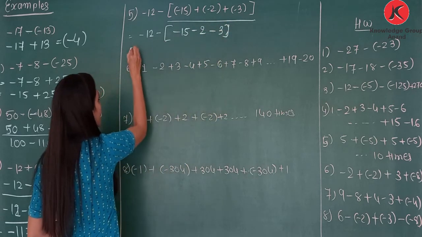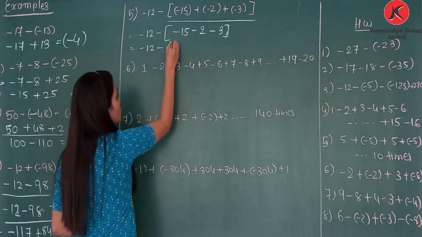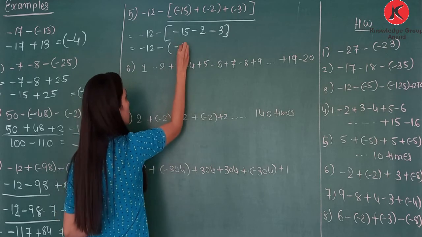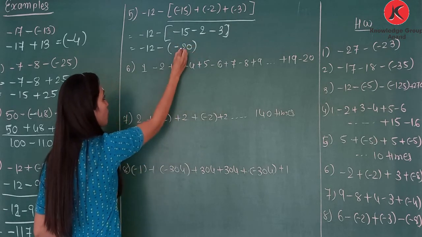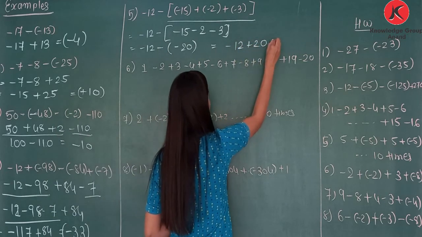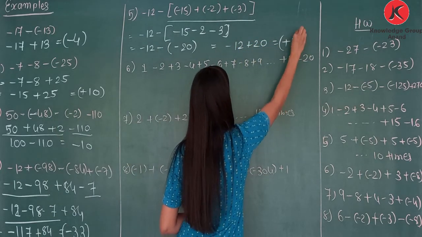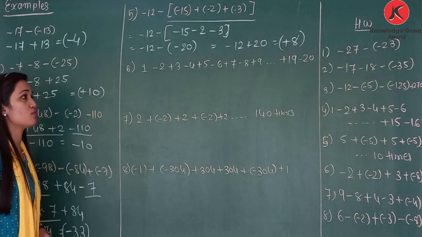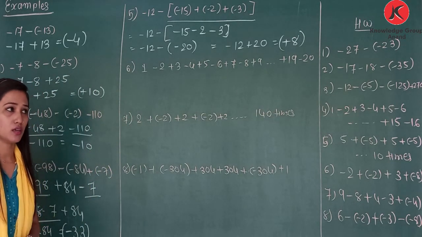So all are negative. So you can write 15 plus 2 plus 3, that is 20, but negative. Now minus 12 minus minus 20, minus minus, so it is plus 20. Minus 12 plus 20 is plus 8.